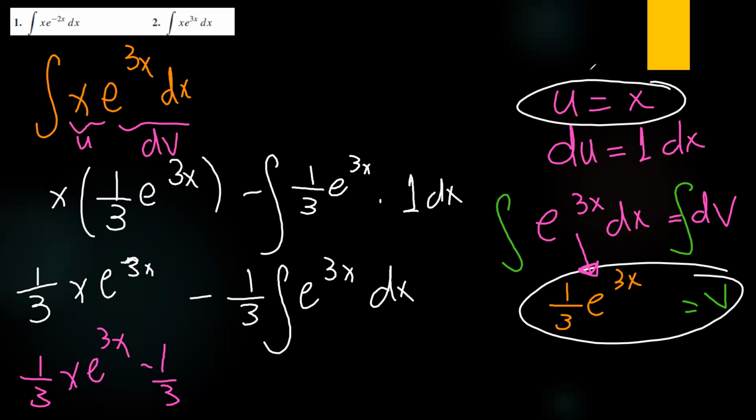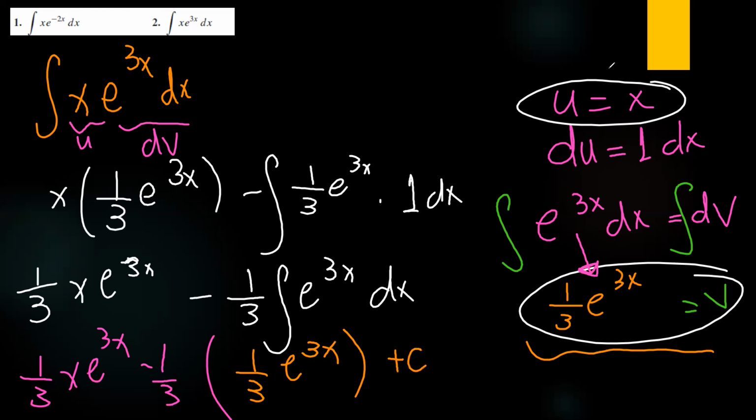Instead of the integration of e to the power 3x, we write one third e to the power 3x plus c. Now there's nothing to integrate, so this is our final answer: 1 over 3 x e to the power 3x minus 1 over 9 e to the power 3x plus c.